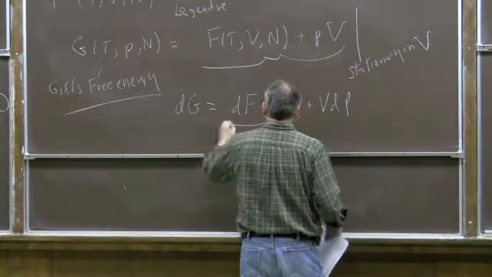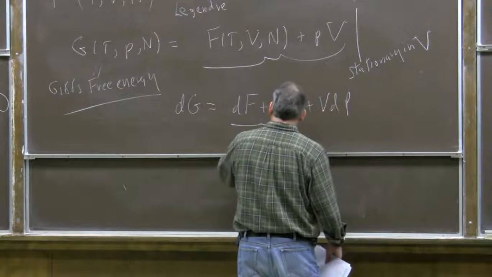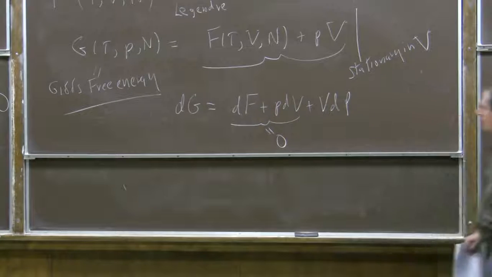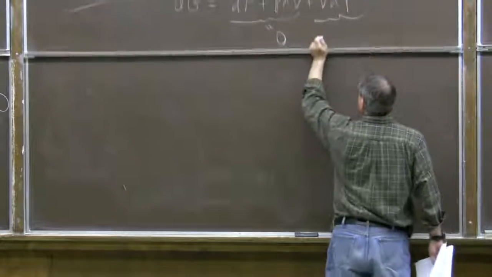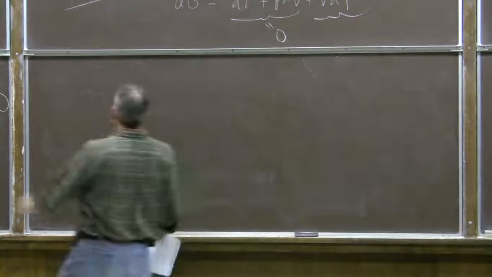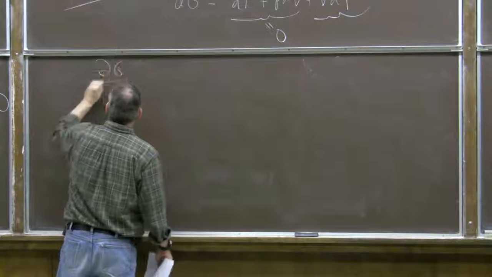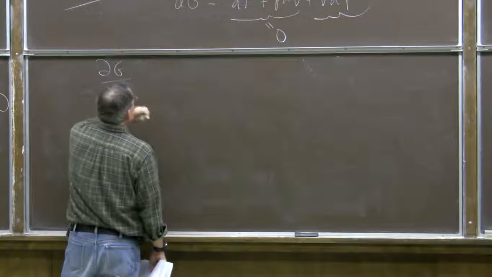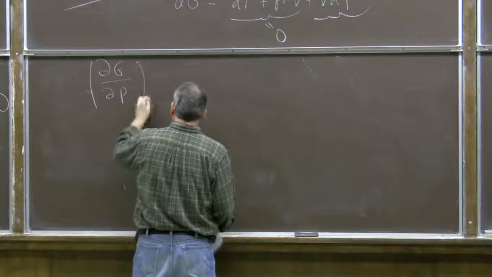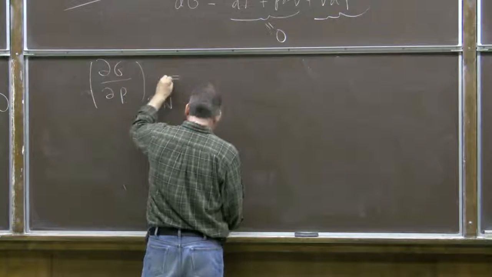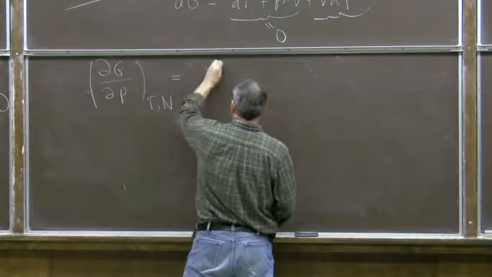This doesn't contribute to the first order change, because we evaluate G by choosing V so that F plus PV is stationary. Now this is the first order change, or in other words, if I take the partial derivative of Gibbs free energy with respect to the pressure, keeping the temperature and the number of particles fixed, that's equal to the volume.